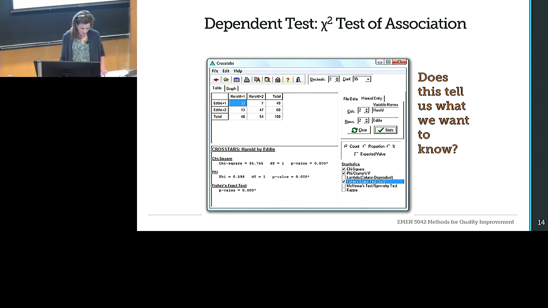And there is a significant difference, but even if you switch up all these numbers, it'll give you the exact same results. It'll tell you there's a relationship, but it doesn't give you the proportion of agreement. So this one doesn't tell us about what we need to know. No, it doesn't.